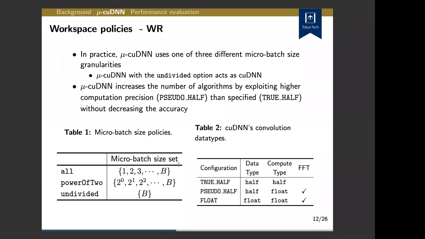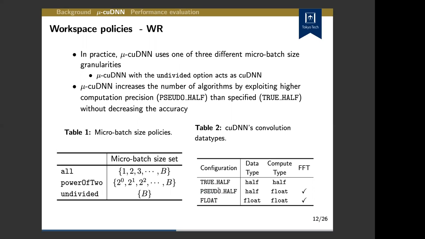Another trick is to use pseudo-half configuration. This is more of an engineering trick, but in cuDNN 7, half precision is already available, but some algorithms like FFT-based convolution are available only on single precision float. But cuDNN kindly provides a knob to use such algorithms for half precision data transparently by using this pseudo-half data type.